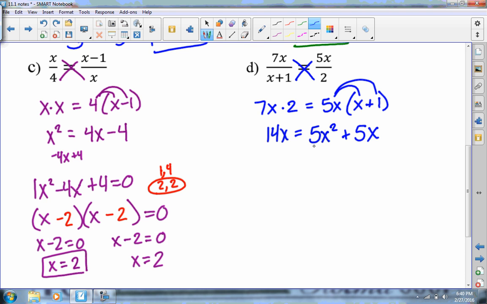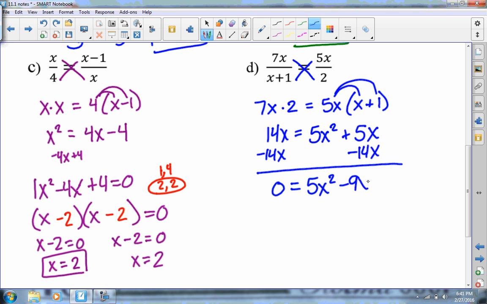And this is a positive 5x squared. So that means I want to move everything over to the right side of this equation. So I'm going to subtract the 14x over, and I'll be able to combine it with the 5x, because they both have x's, so they're like terms. So 5x squared minus 9x will be equal to 0.